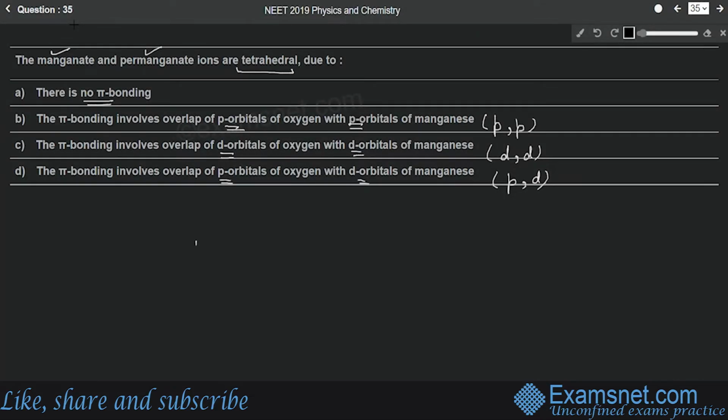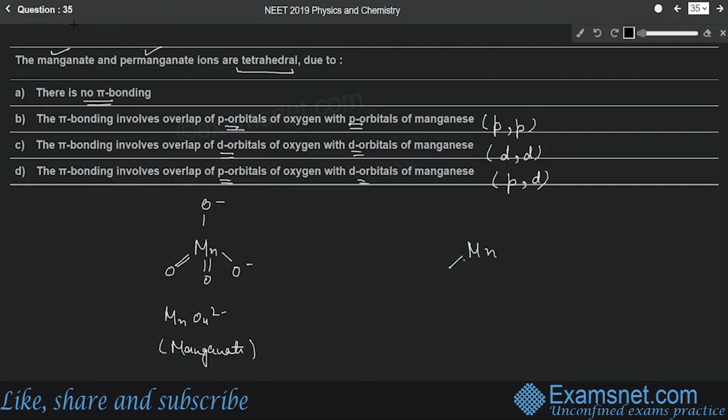So first I'll draw the structure of manganate. So this is manganese. This is double bond oxygen, double bond oxygen. This is singly bonded oxygen and one more singly bonded oxygen. Okay. So this is MnO4 2 minus, that means manganate ion. Now the second one is permanganate.